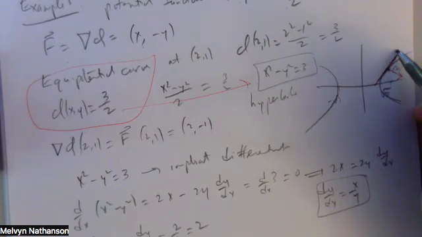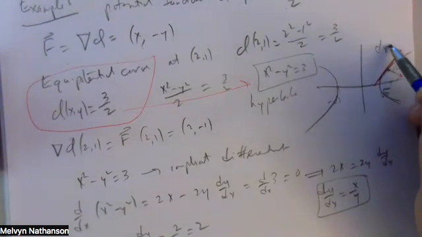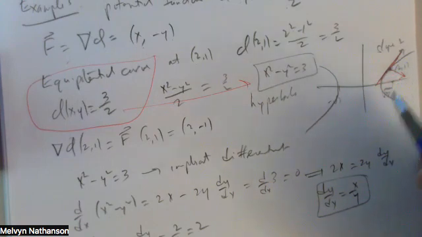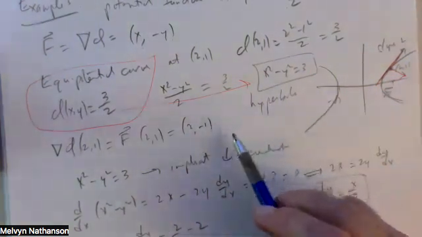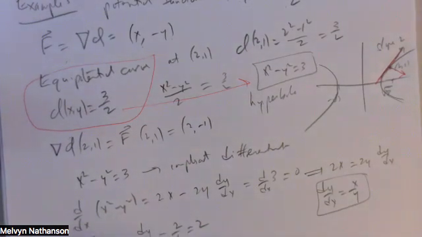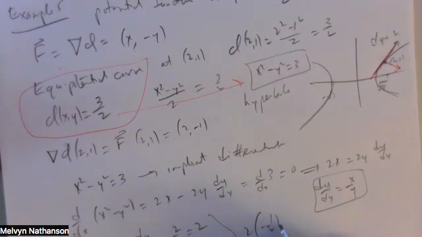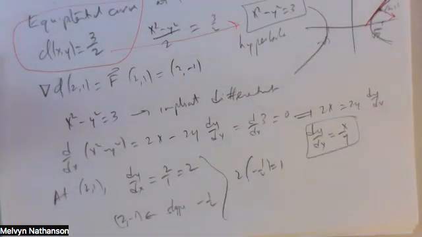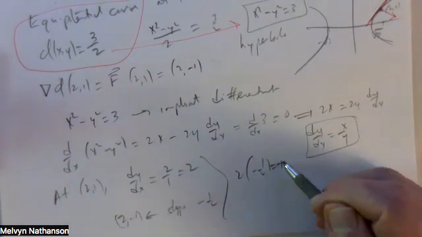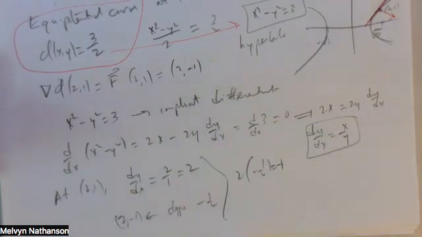And so the tangent line here has slope 2. And the vector 2, minus 1 has slope minus a half. And 2 times minus a half is minus 1. You should have learned when studying lines that two lines are perpendicular if the product of their slopes is minus 1. So again, in this example, there's a lot to think about. That's all I can say.